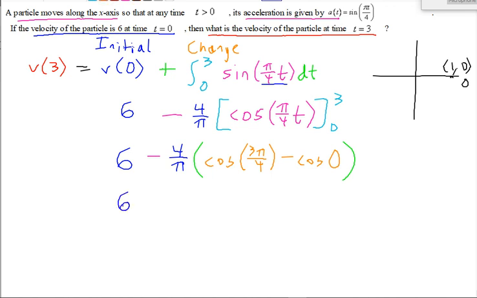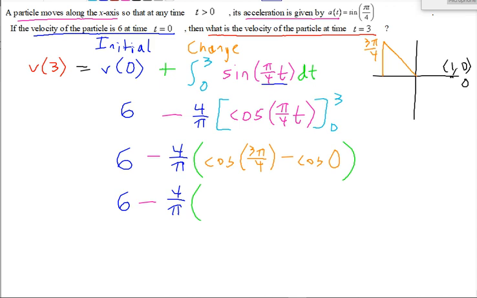So you have 6 minus 4 over pi. Cosine of 3 pi over 4. Well, 3 pi over 4 is in the second quadrant. This is pi, which is 4 pi over 4, so 3 pi over 4 is right there.